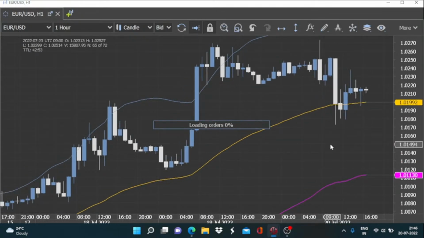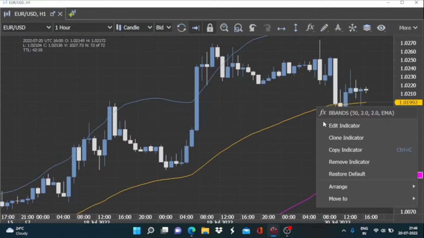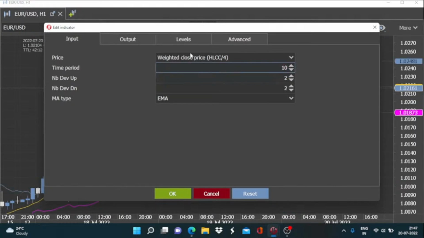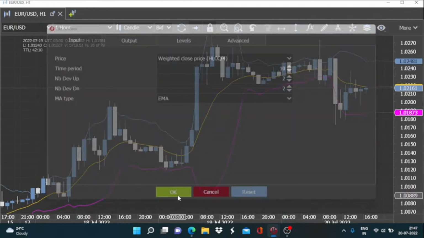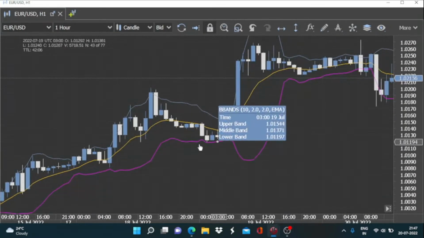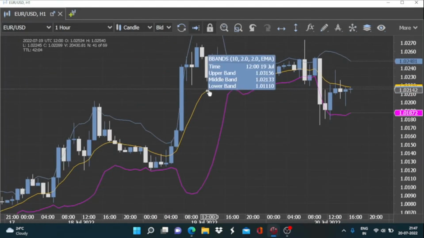But apart from that, not much changes. So now again we go to the editing options. So here, if you want to again reduce it, you can reduce that. You can even make it 10, where it will follow the price action pretty closely, but it is not really going to be much helpful.